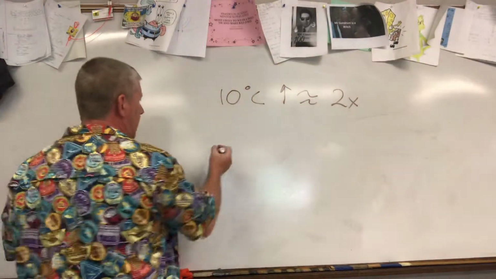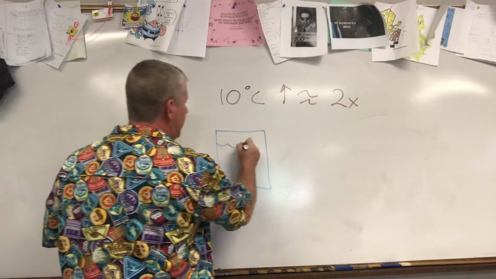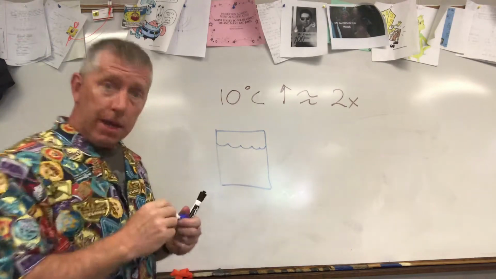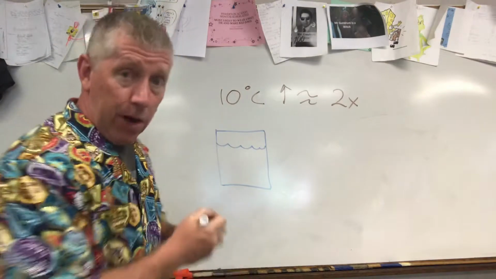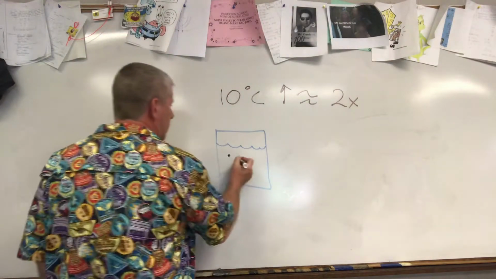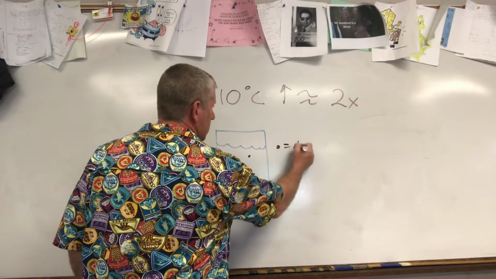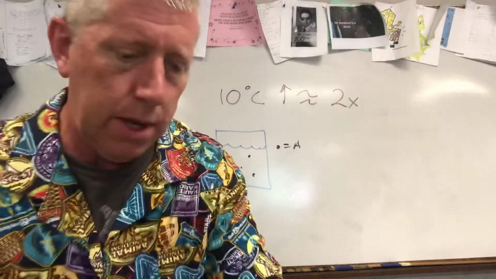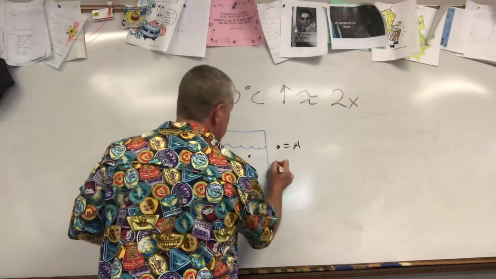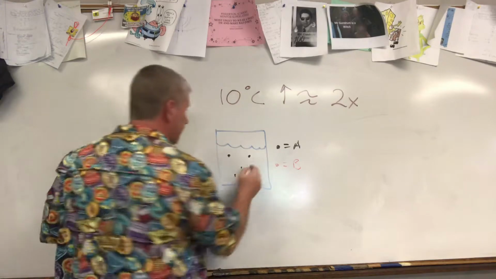Let's say that we have a container, a beaker of water, and in it we put compound A, or maybe it's element A, whatever. It's chemical A, and I'll call it chemical A. That'll be my black marker, and chemical B equals my red marker.